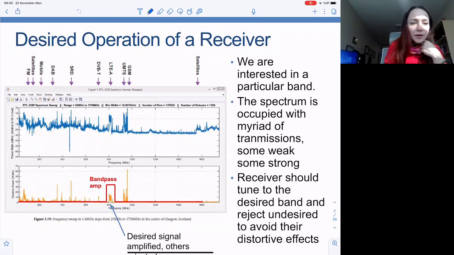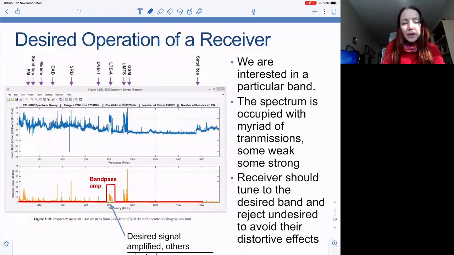After that, there are satellites, some mobile handheld systems. Digital audio broadcast and DVB-T.